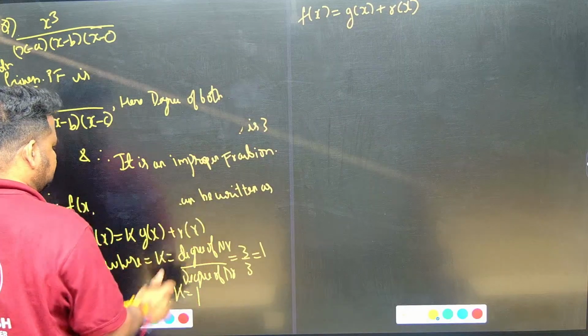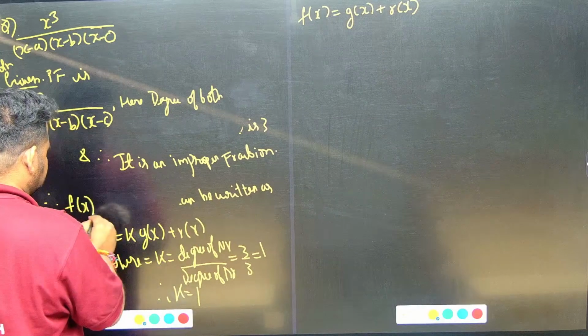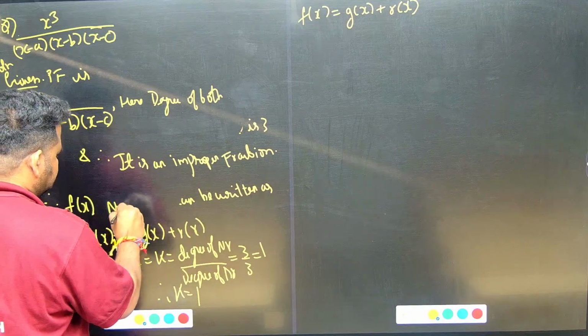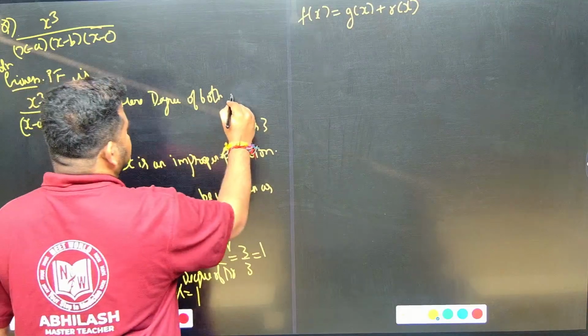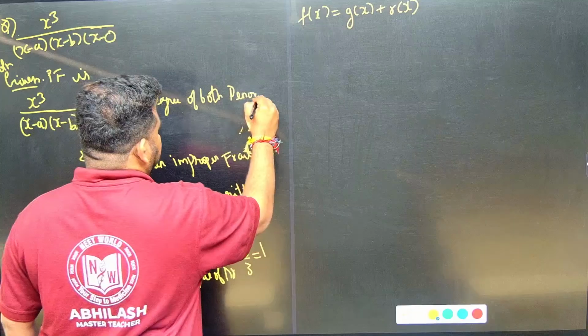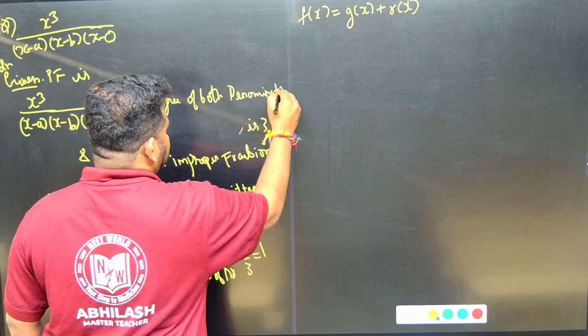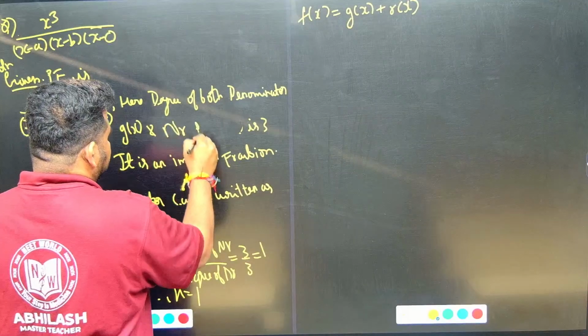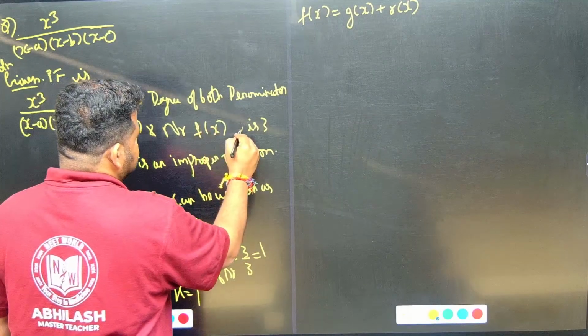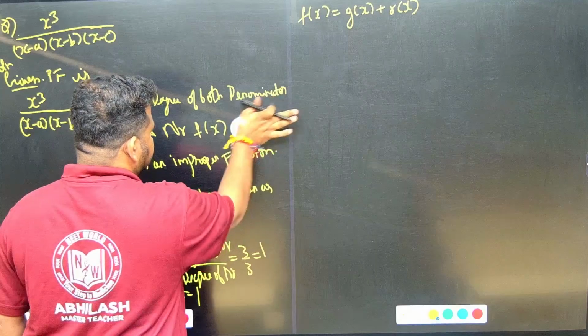We are writing x cube, not the denominator, so we should be careful here. This will become the numerator. The degree of both the denominator g of x and the numerator f of x is 3.